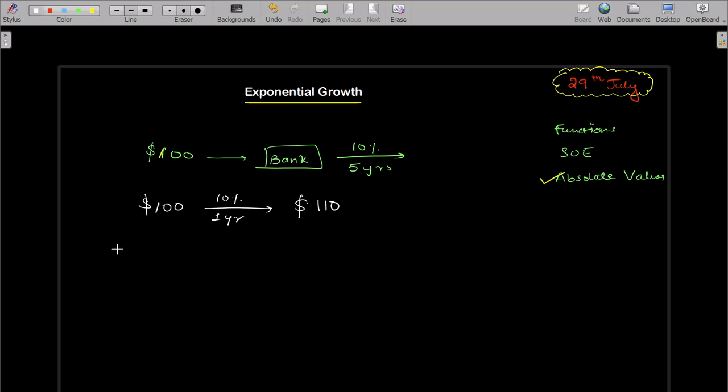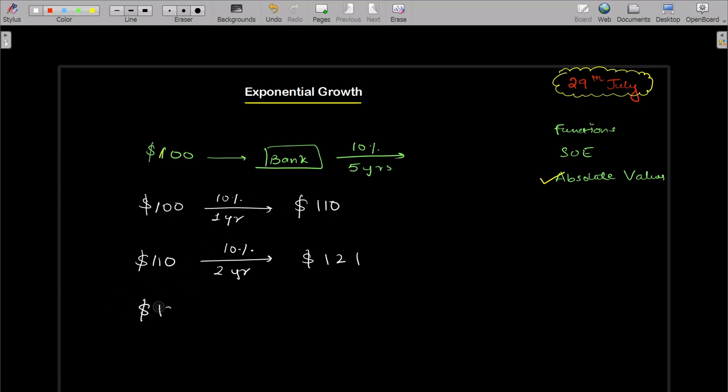Then what will happen? Now you will get interest on this 110. So now 110, and again you will get 10% interest. So what will be the amount at the end of second year? 121? Wow, that's great. Yes, so 121, and this process will continue like this.